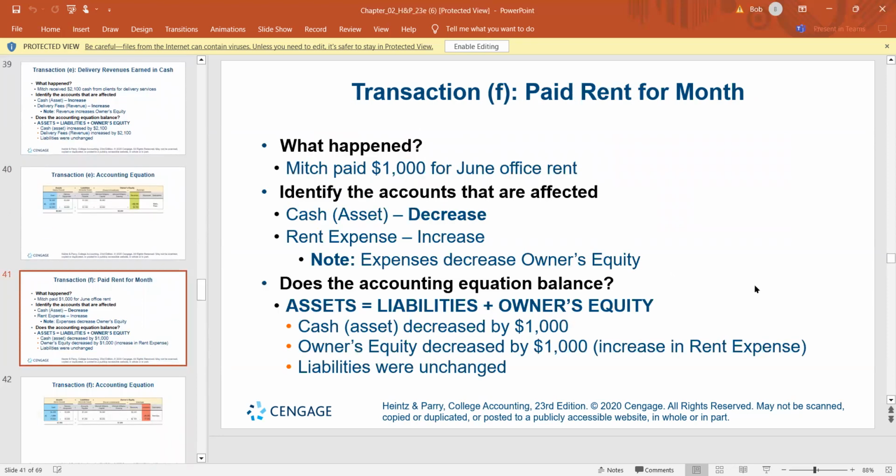Uh-oh, we've got to pay the rent, huh? Can't avoid that. So what happened? We paid the rent. What accounts are going to be impacted? Cash. Whenever you see paid, you know it's cash. Paid means cash. Identify the accounts. Cash is going to go down. Rent expense is going to go up.